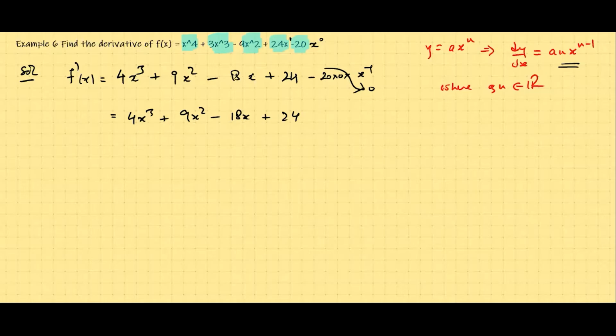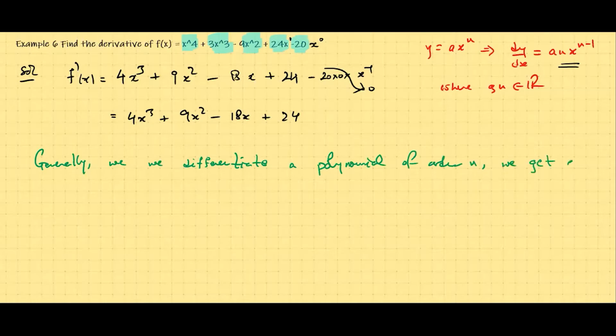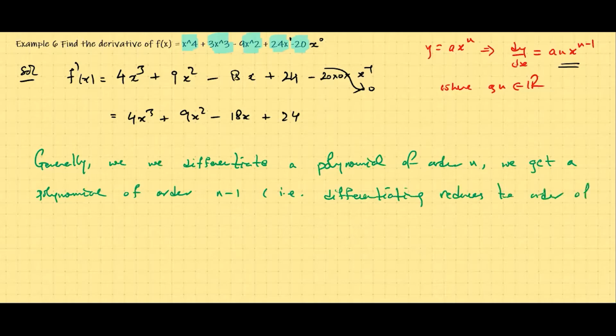I wanted to highlight that generally, when we differentiate a polynomial of order n, we get a polynomial of order n minus 1, i.e. differentiating reduces the order of polynomials by 1.